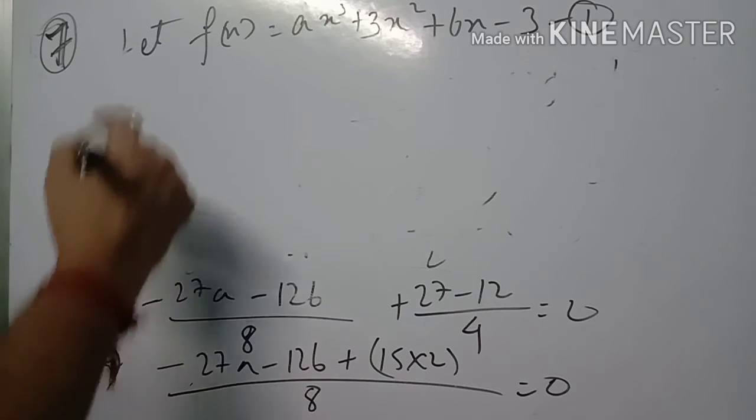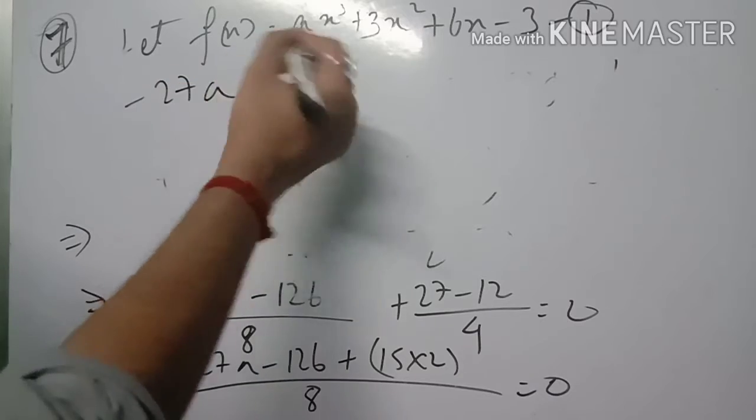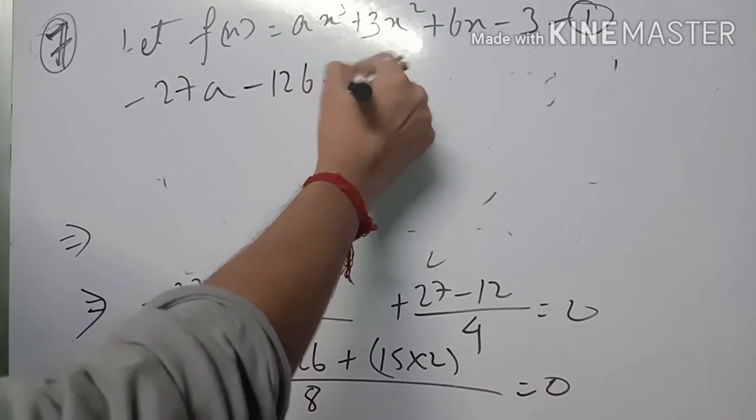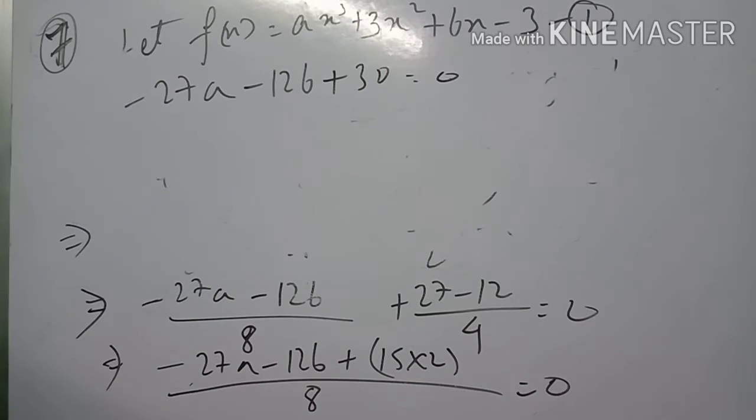I'm not rubbing this portion because I need this. 27a plus 12b minus 30 equals 0.